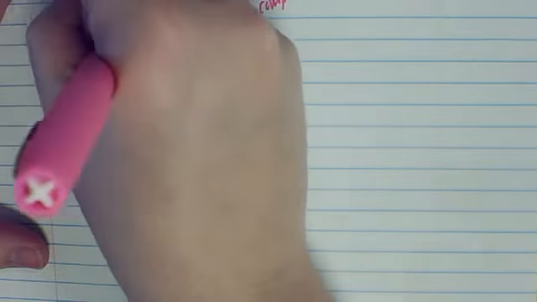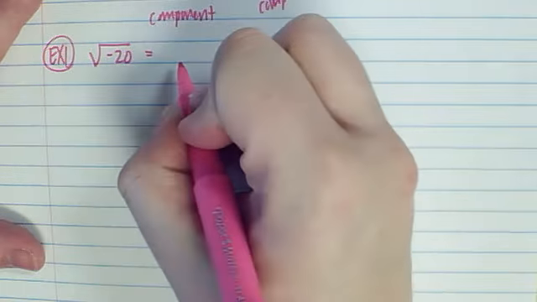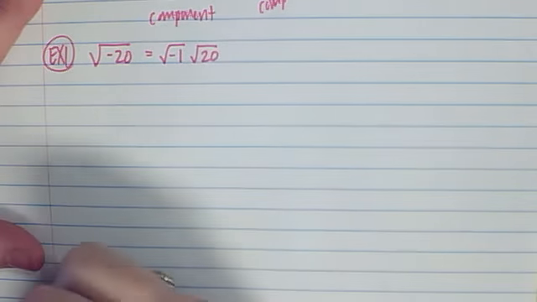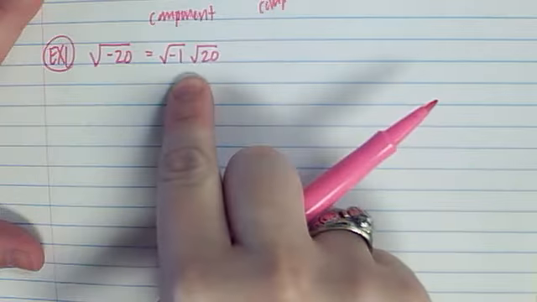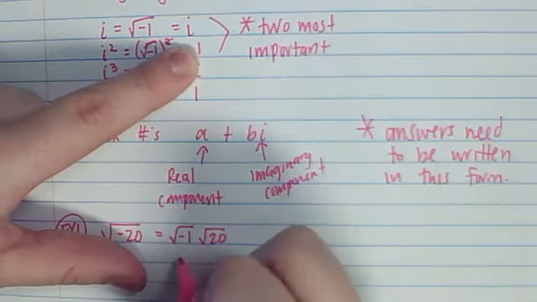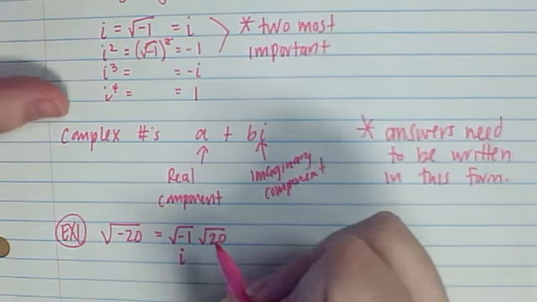Alright. So example 1 is like what we did last week, where we simplified the radicals, but this time we're dealing with a negative. I'm going to rewrite this as square root of negative 1 times square root of 20. Okay, these are equivalent. Square root of negative 1, if we remember from above, is equal to i. So instead of square root of negative 1, I'm going to write i.